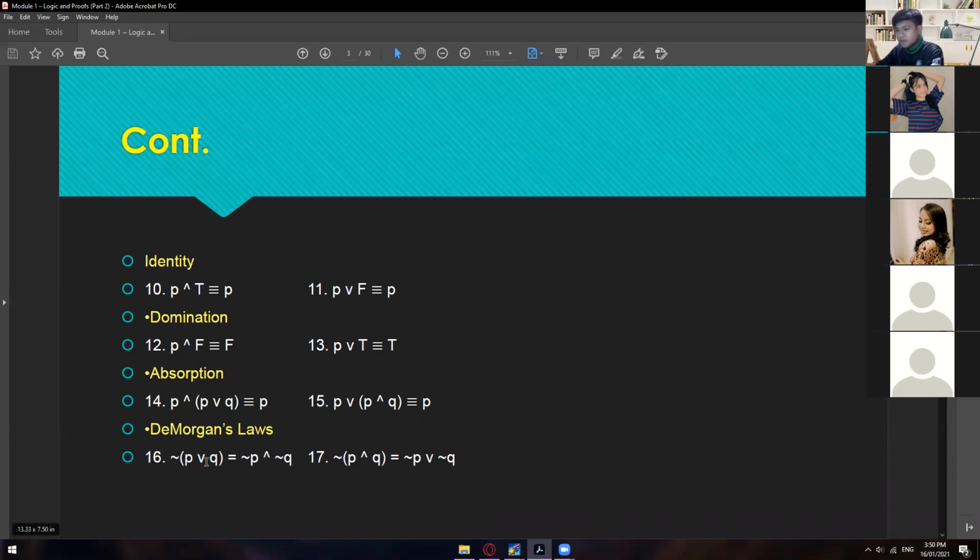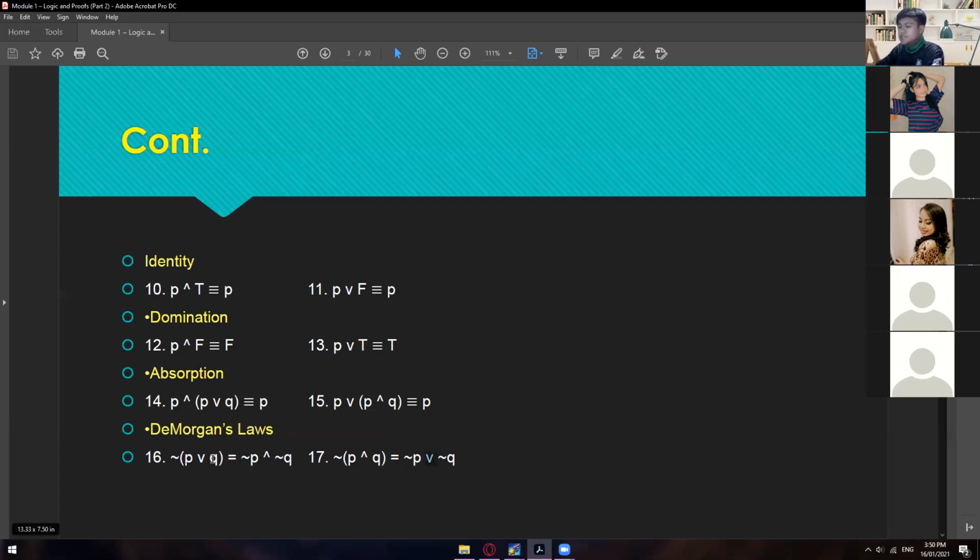Again, this is only applicable for AND and OR. If you negate AND, it will become OR, and vice versa, if you negate OR, it will become AND.